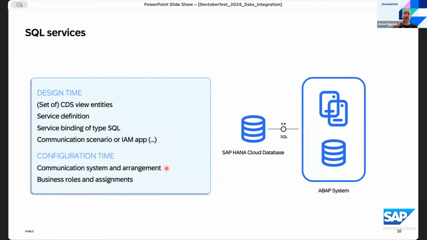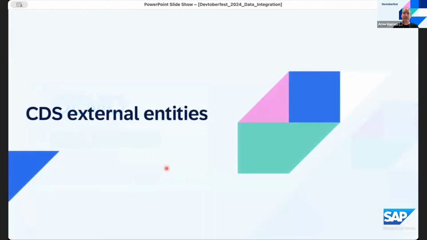Okay, this is all about getting data out of the ABAP system into your database or end user application. And now we go to the other part again, like how can we use CDS external entities to access remote data from within your ABAP application.